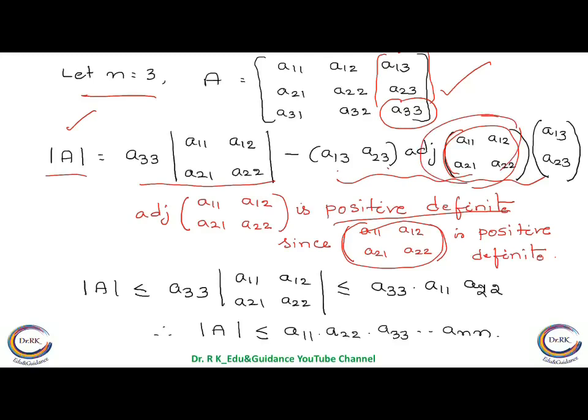Then det of A is less than or equal to a33 into the determinant of a11 a12 a21 a22, which is less than or equal to a11 a22 and a33. So det of A is less than or equal to a11 a22 a33, and the same can be extended further, so on to ann.